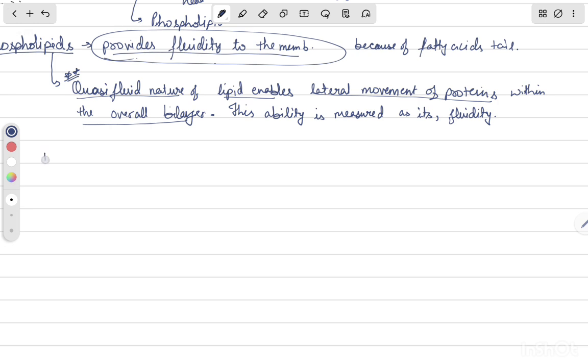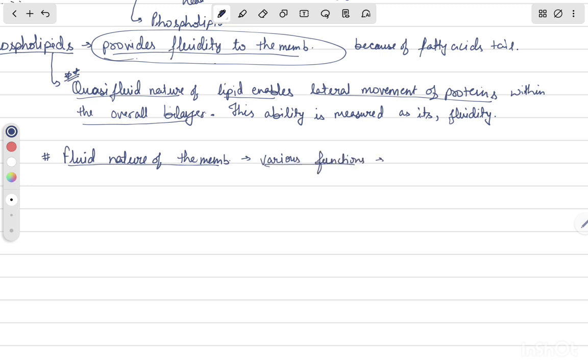Now, why is the fluid nature of the plasma membrane important, how will it help? The fluid nature of the membrane is important for various functions. What are those various functions?